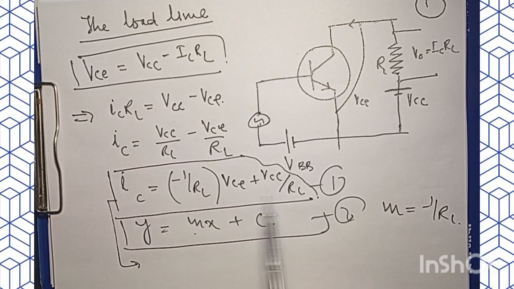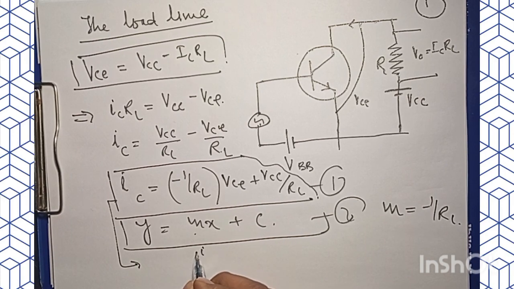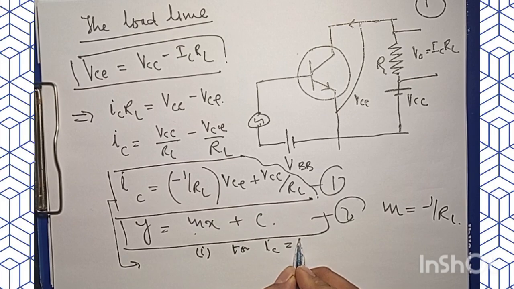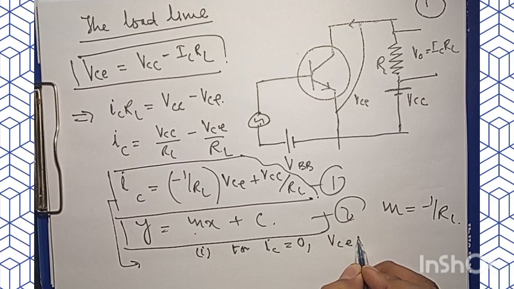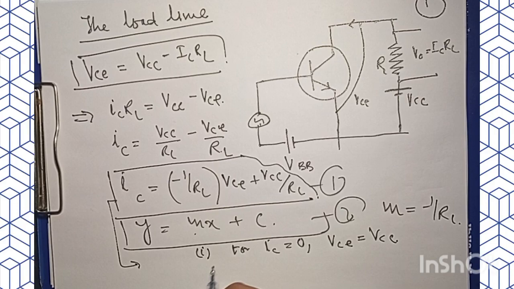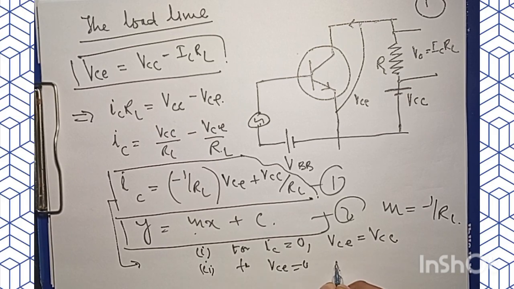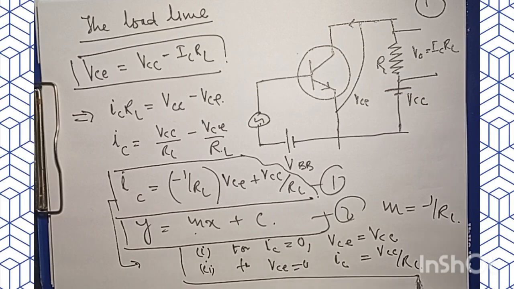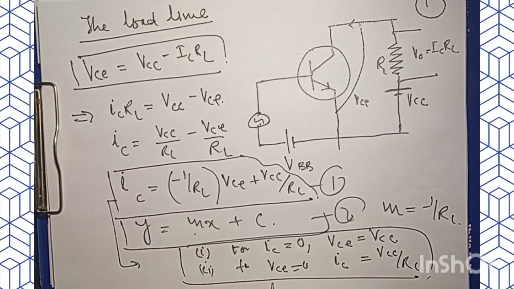For example, in the first case, if I choose IC equal to 0, we will have VCE equal to VCC, and for VCE equal to 0, we will have IC equal to VCC by RL.